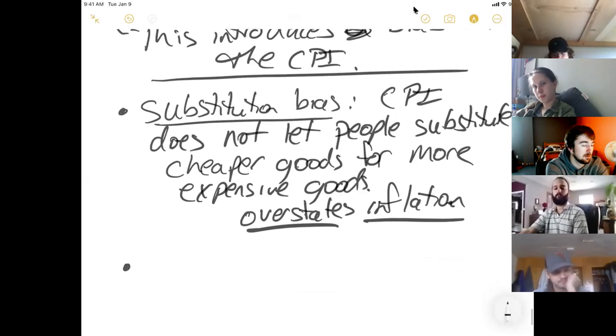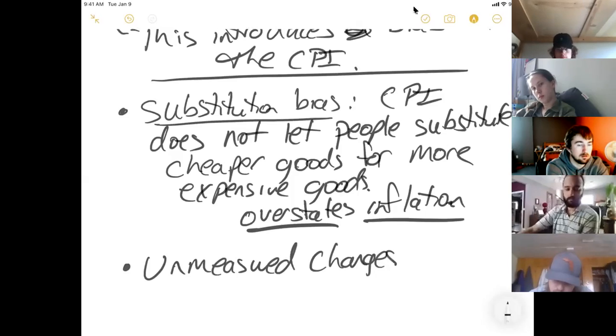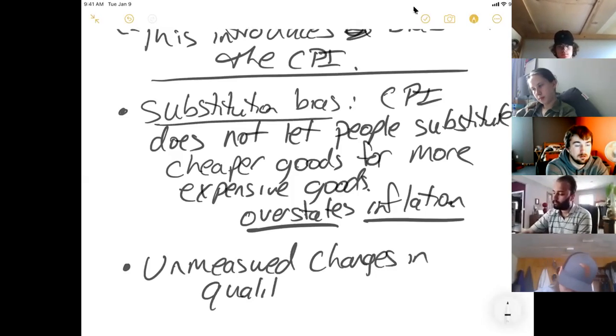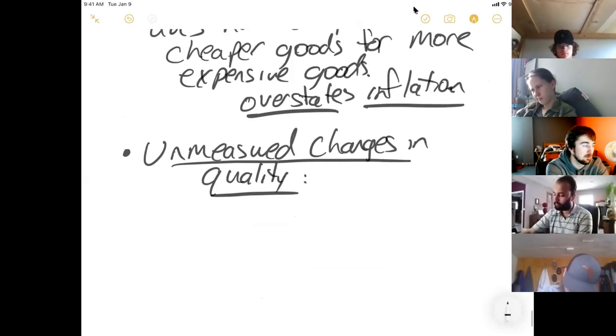Here's another bias: unmeasured changes in quality.